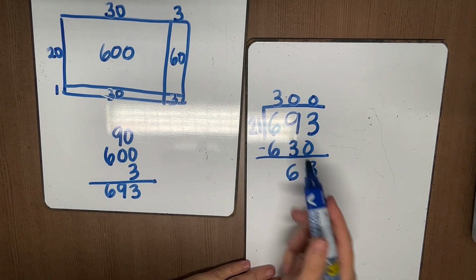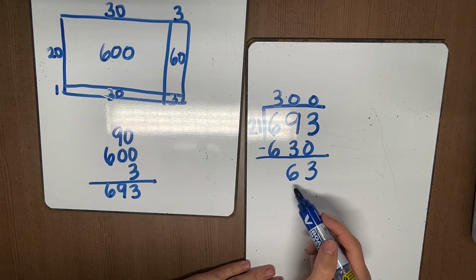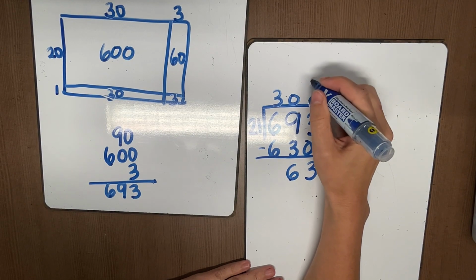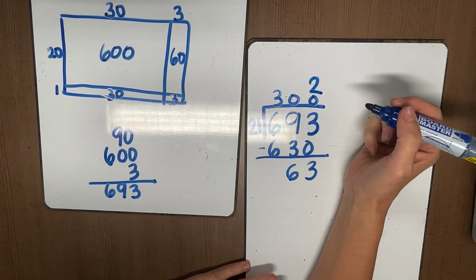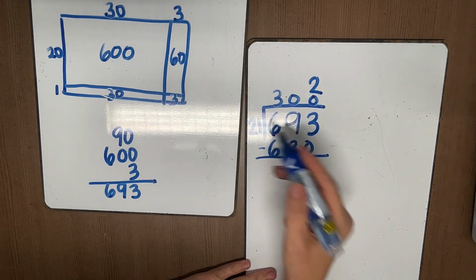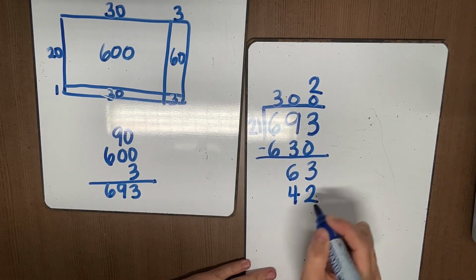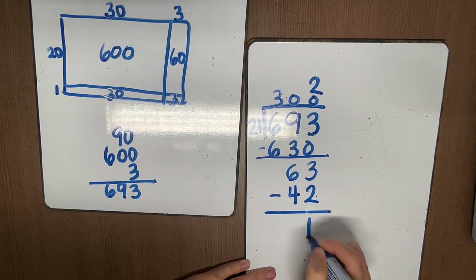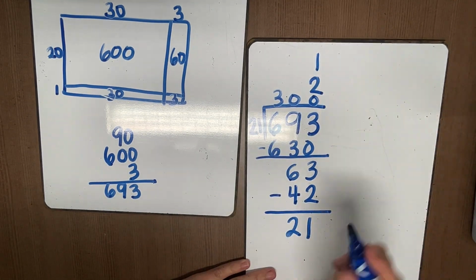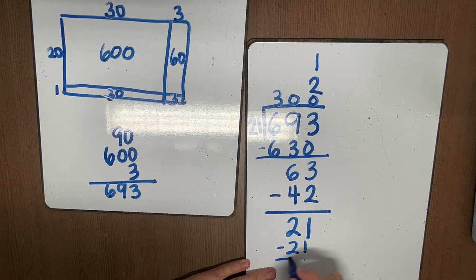I think I can fit at least 2 more 21s. So I'm going to put 2 21s. 2 21s is, let's see, 42. Take it away. I have 21 left. Ooh, I can fit 1 more 21, and I'll have nothing left.